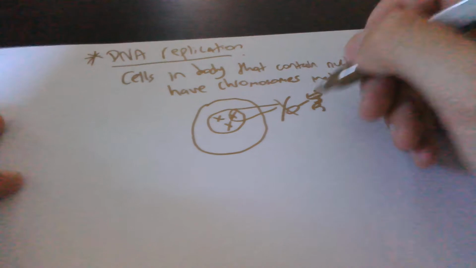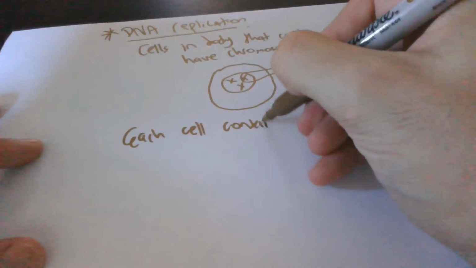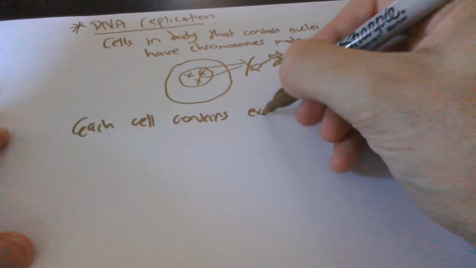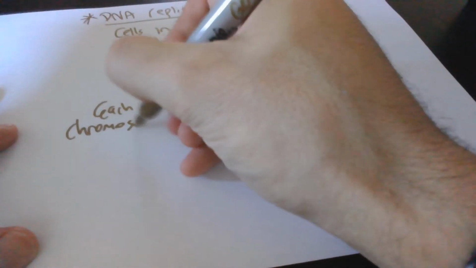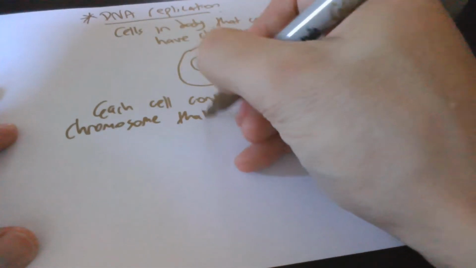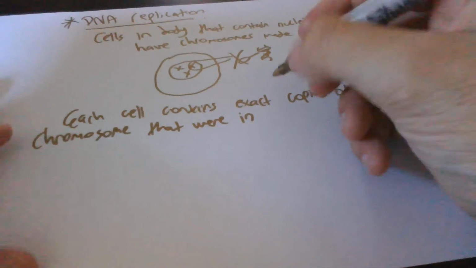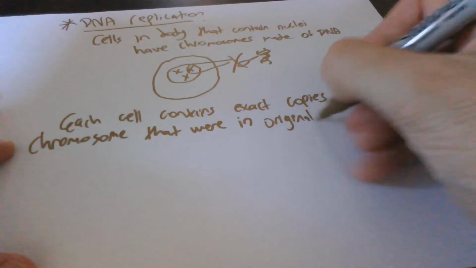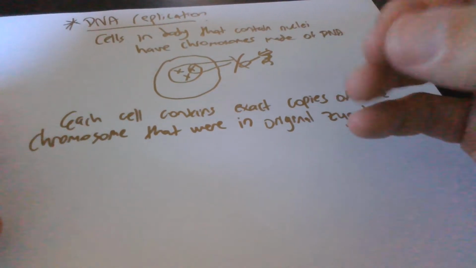So basically, each cell contains exact copies of the chromosomes that were in the original zygote. Remember, the zygote is the starting point.